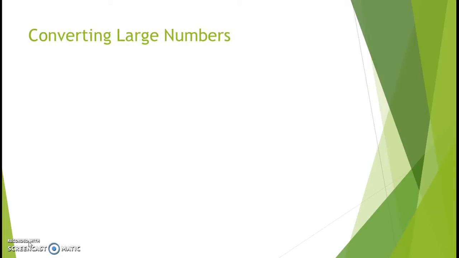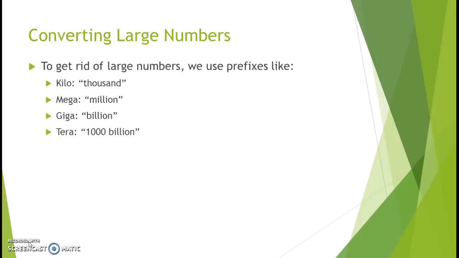So how do we do these kinds of conversions and do them successfully? Well, it's really pretty straightforward. To convert large numbers, we'll use prefixes like kilo for thousand, mega for million, giga for billion, and tera for thousand billion, or some people call it trillion.